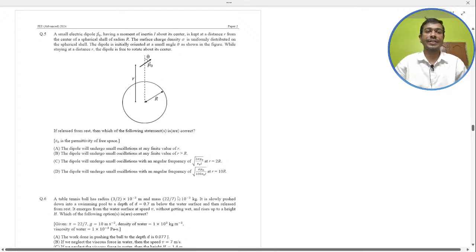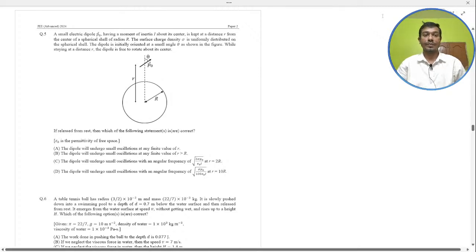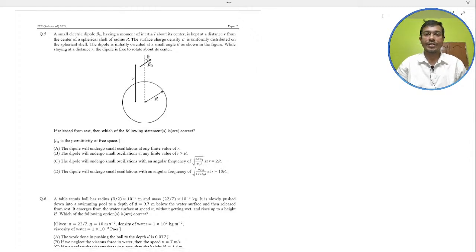A small electric dipole P naught having a moment of inertia I about its center is kept at a distance r from the center of the spherical shell of radius r. The surface charge density sigma is uniformly distributed on the spherical shell.